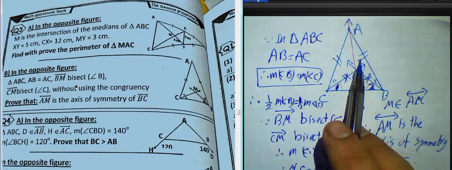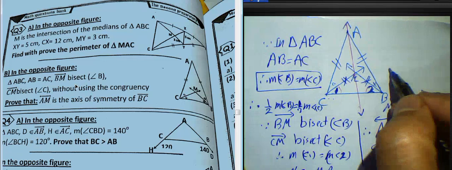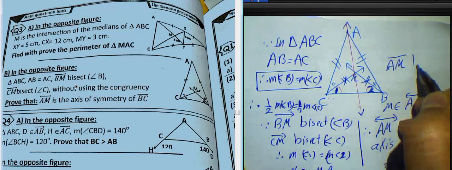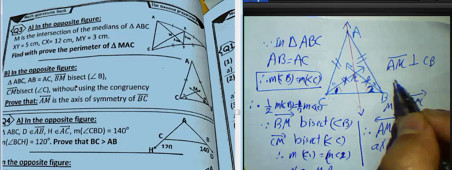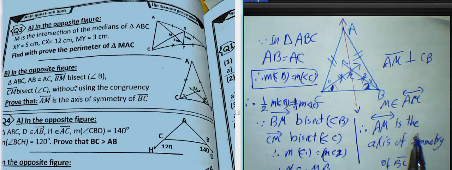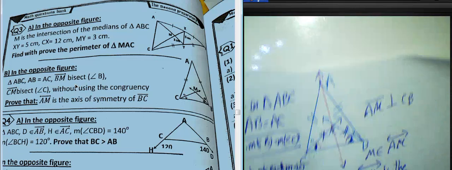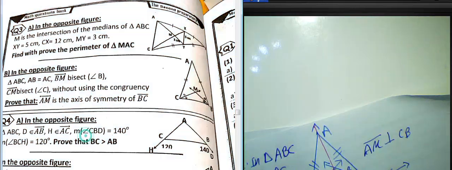We have an isosceles triangle, so AM will be perpendicular to the base BC, and AM will be the axis of symmetry of the base BC.